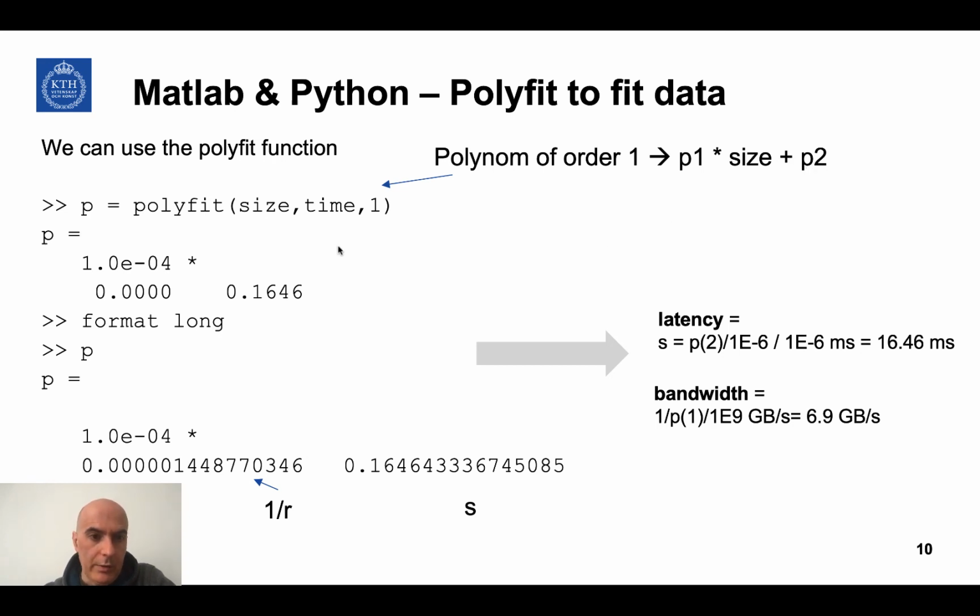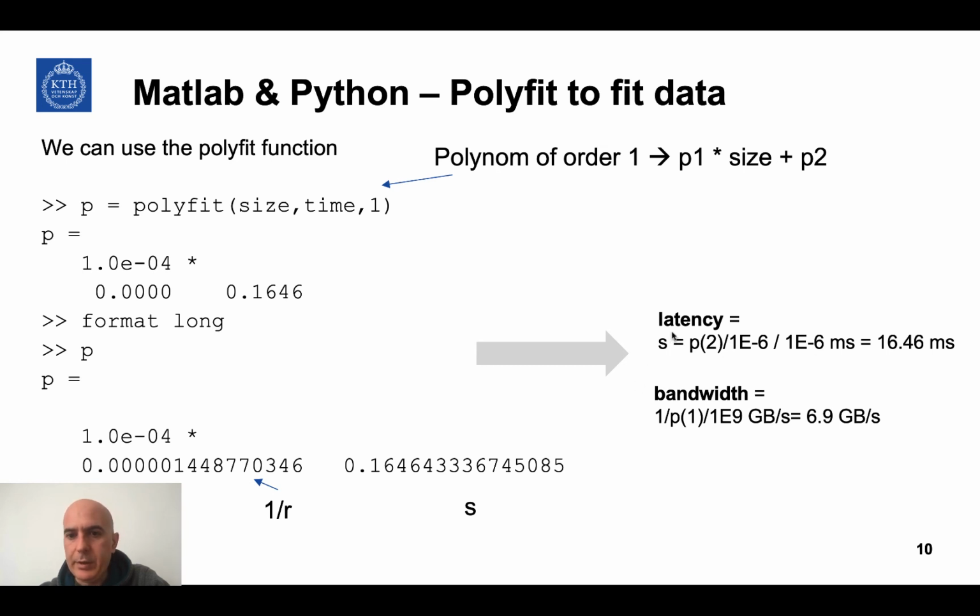So if you put in this array with the sizes and the execution times for the communication, we do the polyfit and we get two numbers. The first one is going to be p1, right? That is not 1 over r, but this is 1 over the bandwidth. So this is r, and this is s.